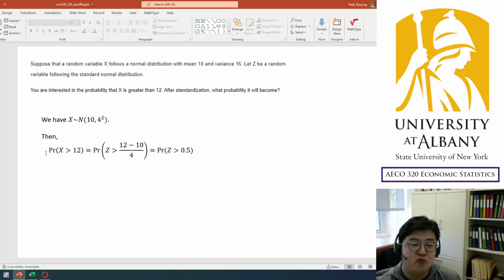We are interested in the probability greater than 12. You standardize X by subtracting the mean and dividing by the standard deviation. I do that in the same way on the other term. 2 divided by 4, so it's 0.5.